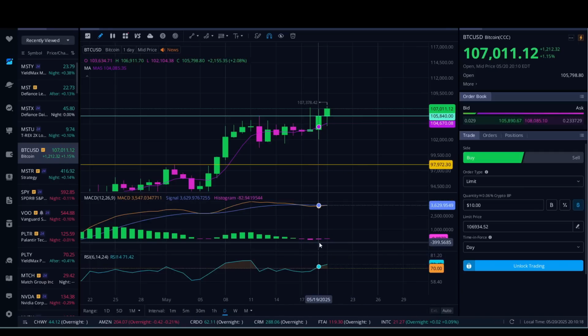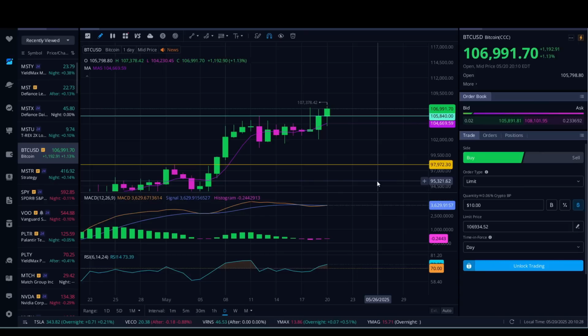The momentum here is decreasing on the red and getting ready to go green. So that's some nice bullish signs for Bitcoin. But of course, it all depends on who does what, who says what, and then causes Bitcoin to drop, therefore causing MSTY and MST to drop. It all depends on the news and whatnot.